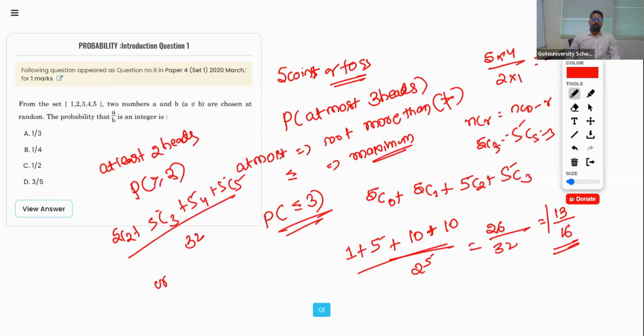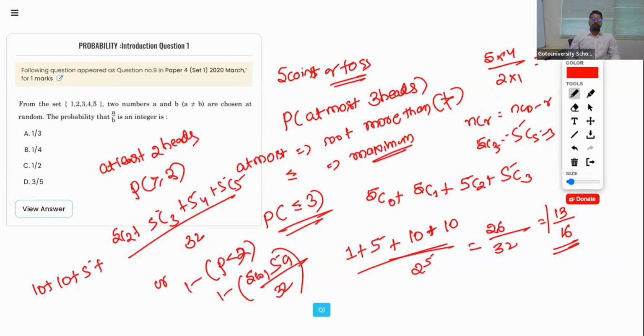You can also go for the shortcut: 1 minus the opposite of that, P of less than 2 heads, which is 1 minus (5C0 plus 5C1) divided by 32. Shall we verify this shortcut? The numerator will become 5C3 is 10, 5C2 is also 10, 5C4 is 5, 5C5 is 1, divided by 32, which is 26 by 32, which is 13 by 16.